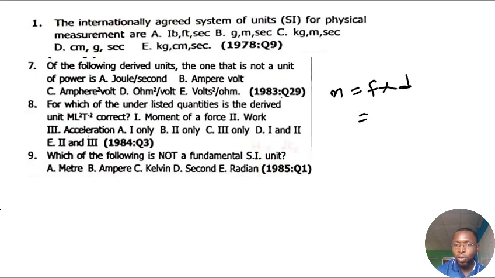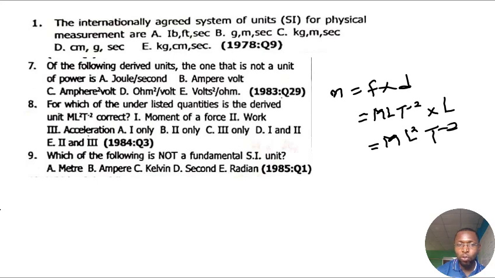And then we know that force dimension is MLT to the power minus 2. Then times that of distance is L because it's length. Now if we bring these two together, we have L times L will give us L squared, and then we have T to the power minus 2.